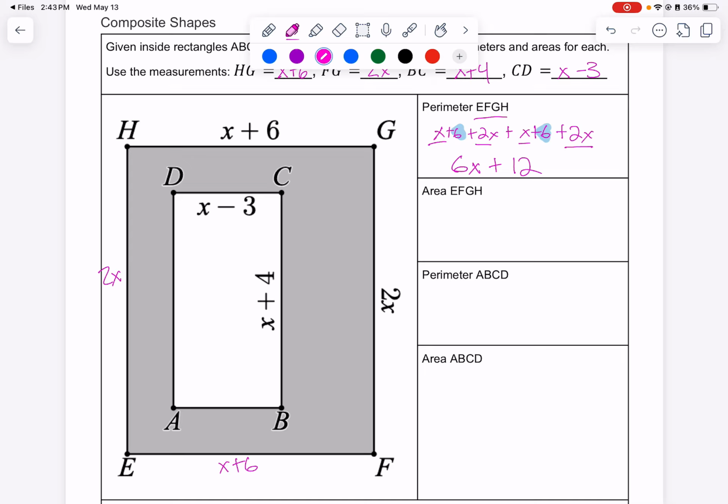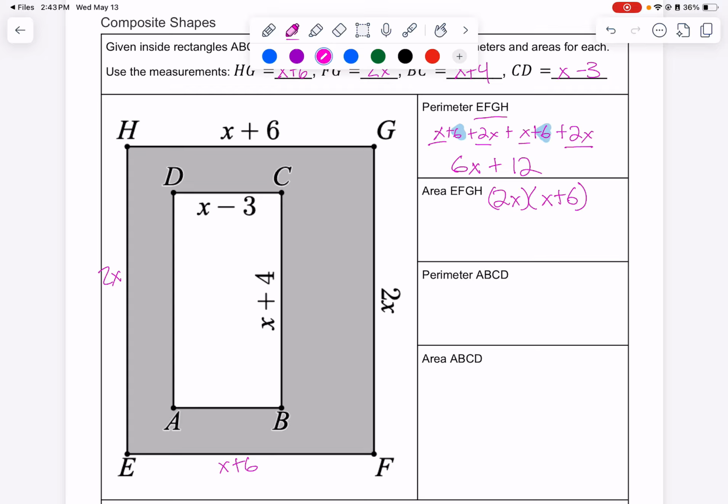For the area, what I want to do is take those two main pieces, the HG and FG, and multiply them. So I'm trying to multiply 2x times x plus 6.